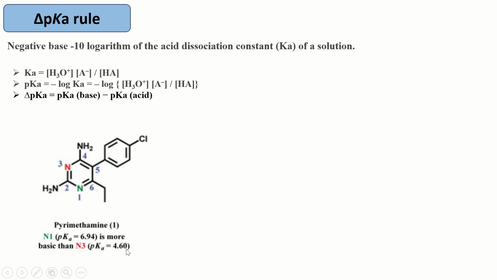As you see, the pK value of N1 is greater than the pK value of N3. The atom that has the smallest pK value has a greater tendency to accept a proton, and the larger pK value has the greatest tendency to donate a proton.